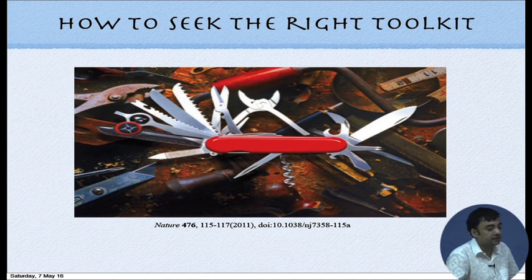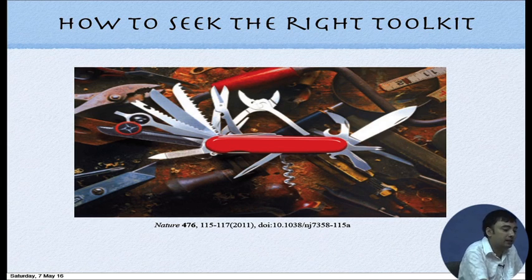So the next concept that we will discuss is nicely introduced in this particular figure. This is a very interesting picture. You see that there is one particular tool which has many other small tools included in it in the same framework, whereas there are other tools that are separate in themselves.